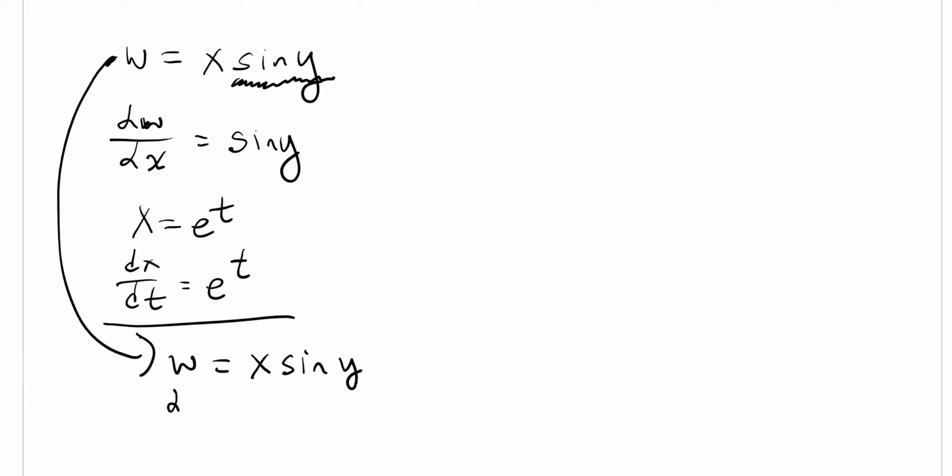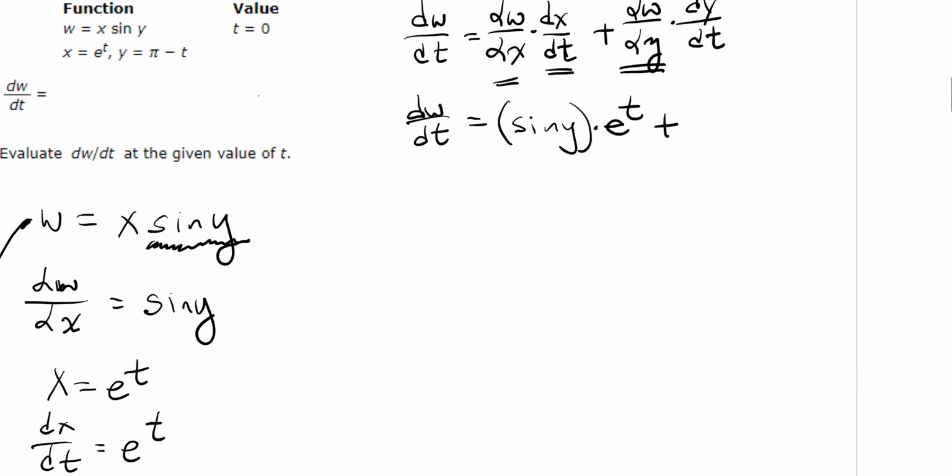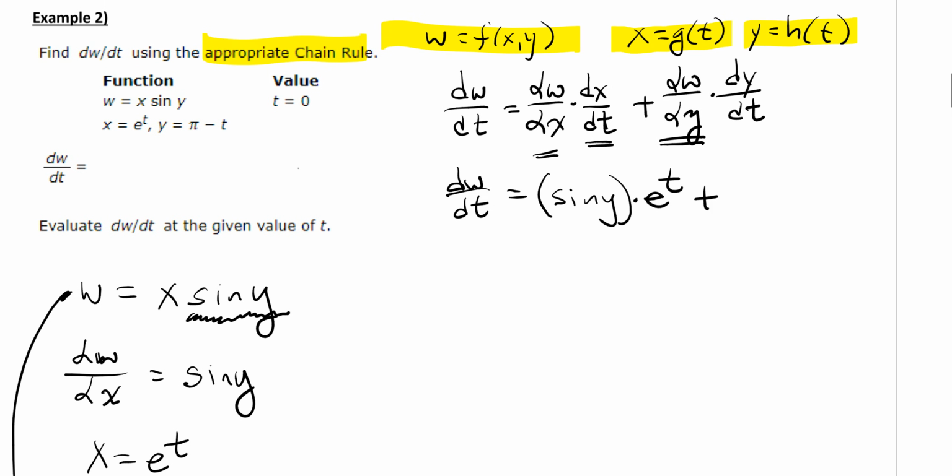Now y is the variable. X is a constant. So x comes down times the cosine of y. Derivative of sine is cosine. X cosine of y. So this is x cosine of y times the derivative dy dt.